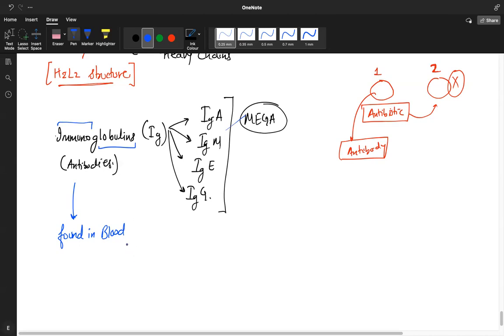So immunoglobulins are found in blood. And you know what is the word that we use for blood in biology? Hemo. Heme or humoral. Okay.